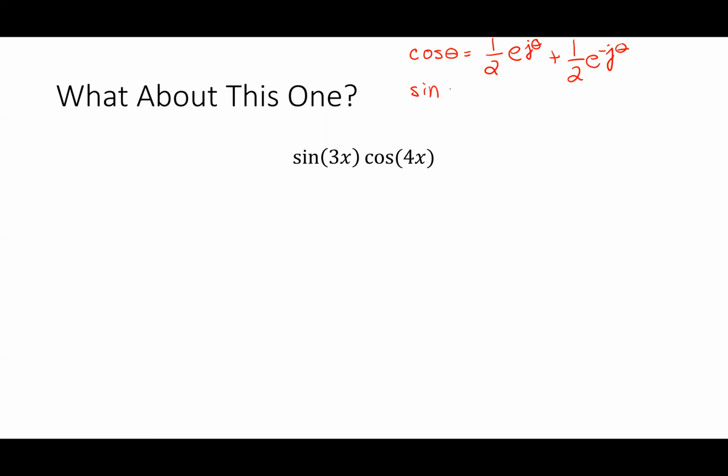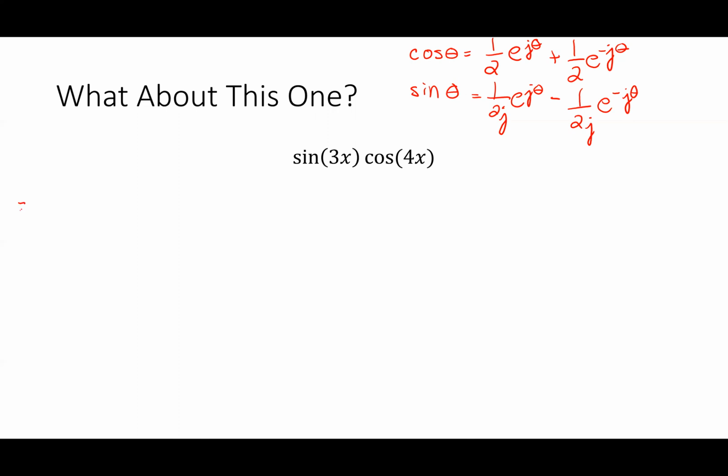Sine theta is this. And there's a minus sign there. Okay. All right. So what I want to do is expand the sine and expand the cosine using those two things.